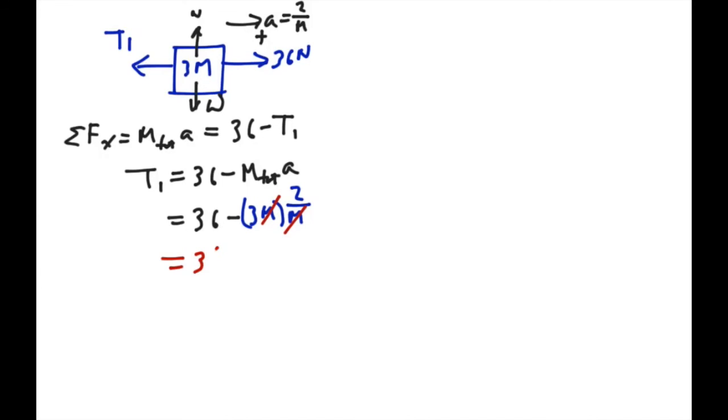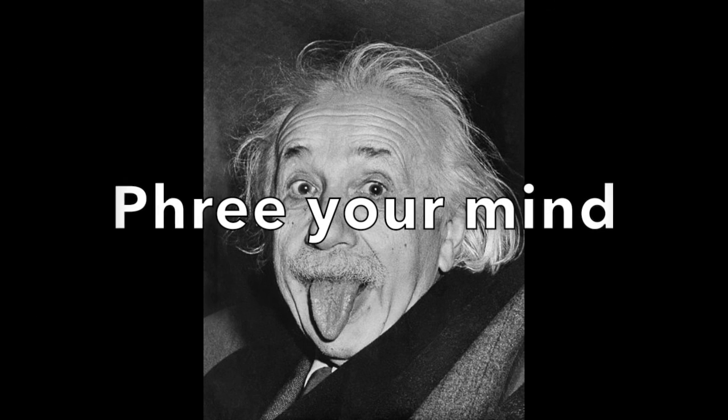This is 36 minus 6, or 30 newtons. So it doesn't matter how we look at this, as long as we set up the proper free body diagram for whatever object we're looking at, we can calculate the tension in that cord number 1.